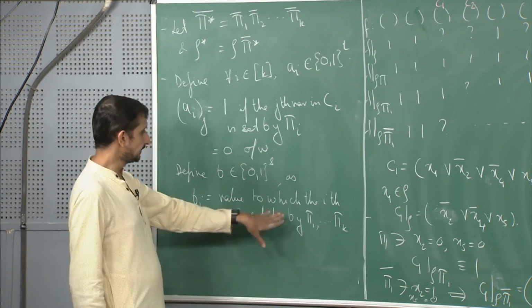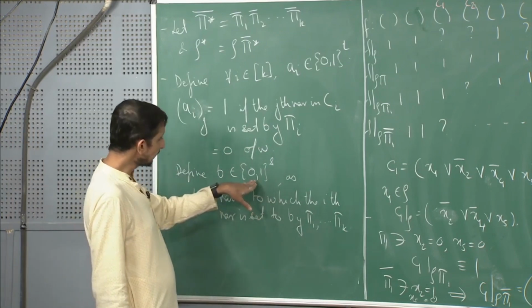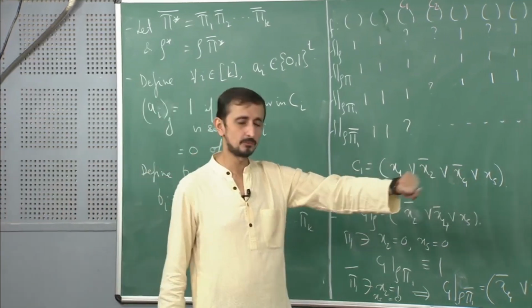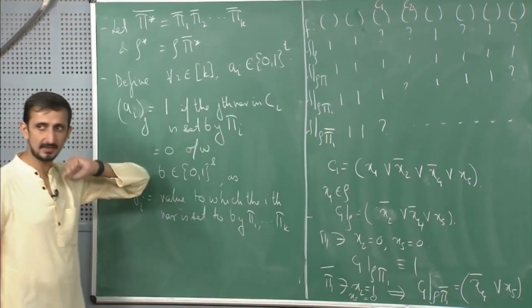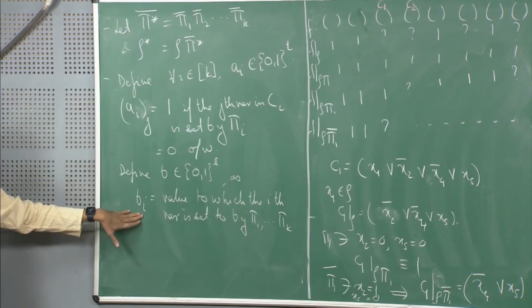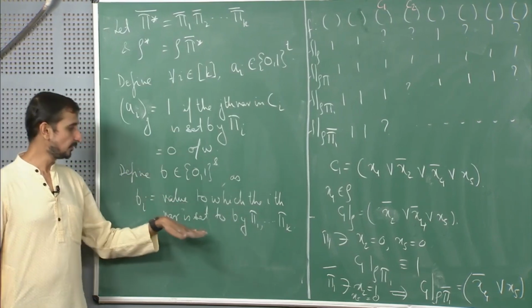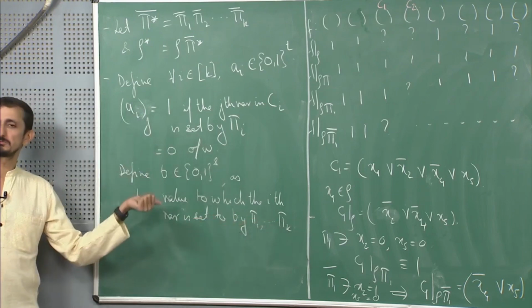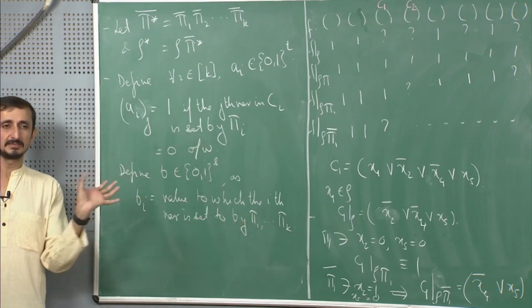Note that we are fixing a total of s variables. We had chosen pi 1 up to pi k such that a total of s variables were getting fixed. So b_i is basically the value to which these restrictions are fixing those s variables. The exact value.